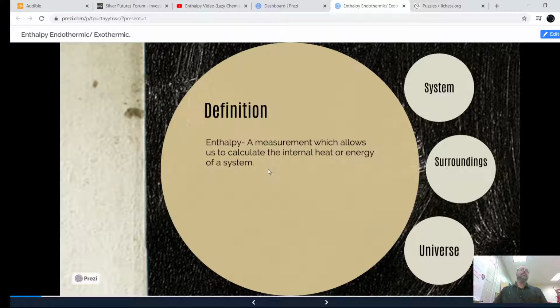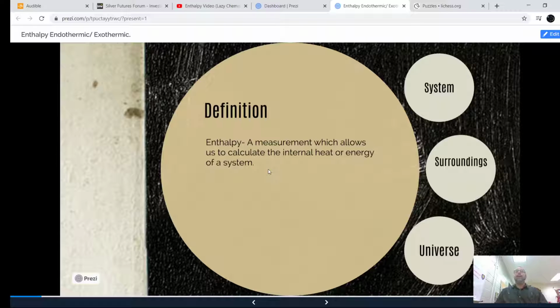You guys know that when you eat a piece of fruit or some candy or some Cocoa Puffs or whatever, that has some internal energy in it. And when we measure energy in thermodynamics, the change in energy is going to be measured in enthalpy.